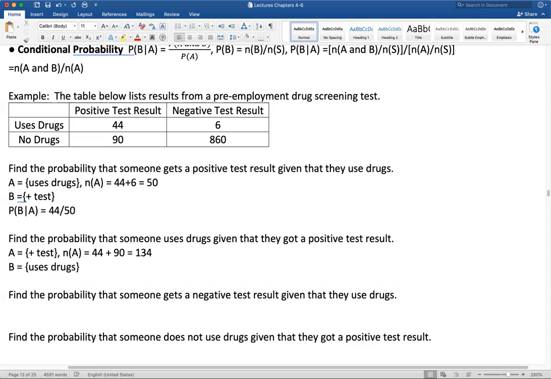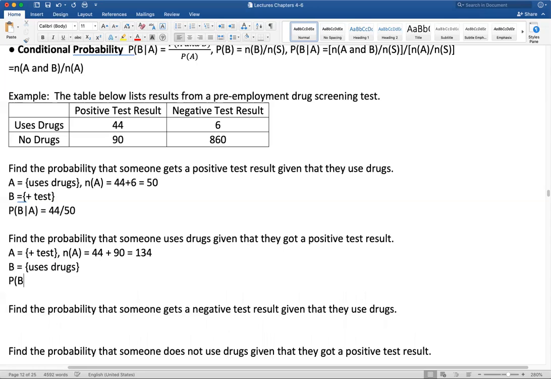Okay, so now then P of B given A. Then we're going to find N of A and B, right? So we figure out the number of outcomes belonging to both A and B, the positive test result and used drug, which is 44, right?